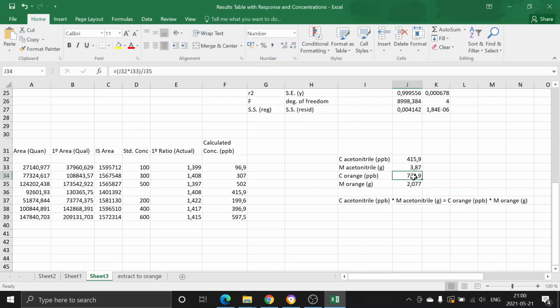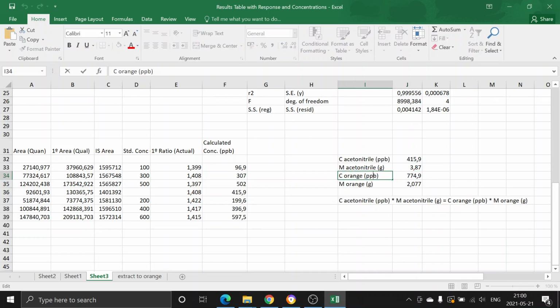But we're thinking about a large sample. Orange fruit is large in mass. So ppb can also be defined as micrograms per kilogram.